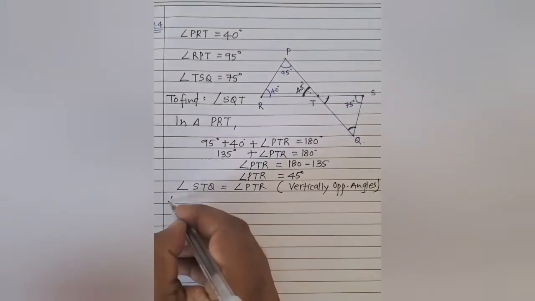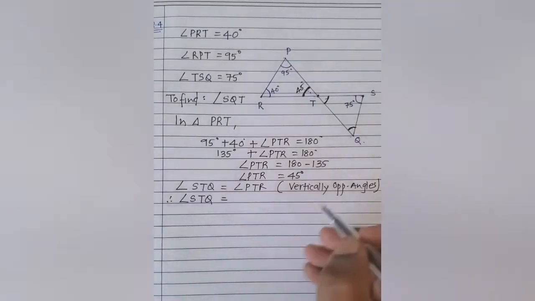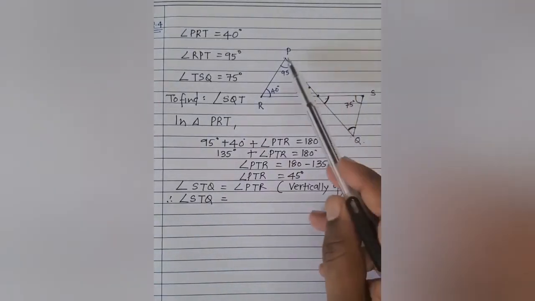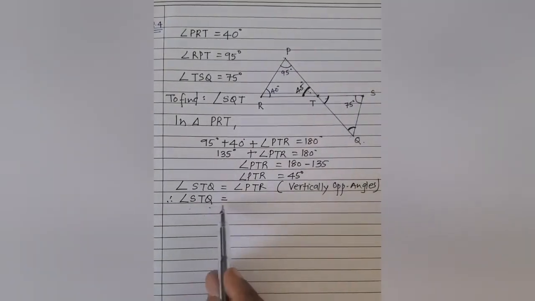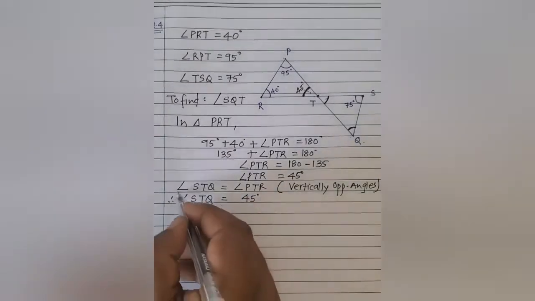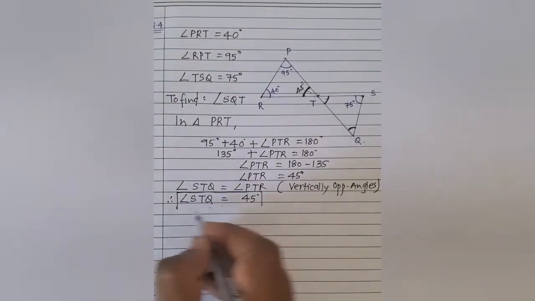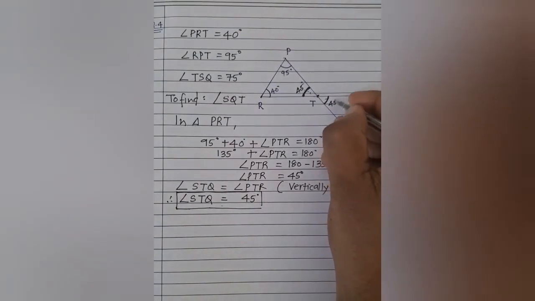So therefore, angle STQ will be equal to angle PTR. What is angle PTR? 45 degrees. So STQ is equal to 45 degrees. Okay. Now I've got STQ is equal to 45 degrees.